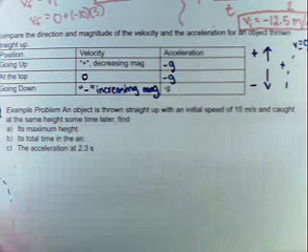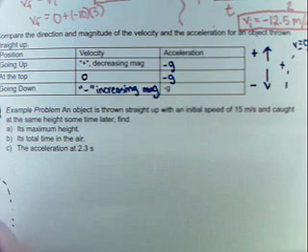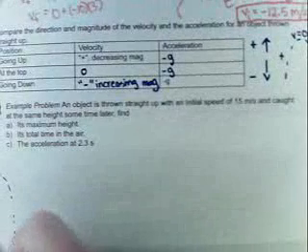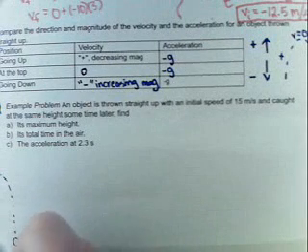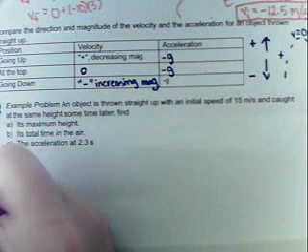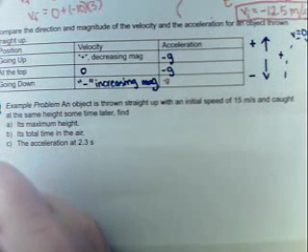This is t equals 0, our starting time. This is when it's caught again. We don't know when that happens. This is our height. We don't know what it is.